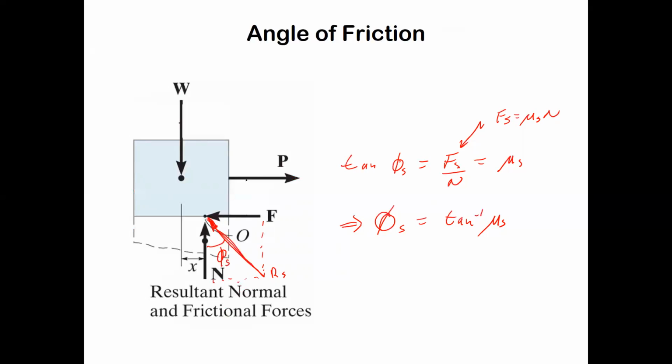Once you find the angle that it slides at, then mu S is the tangent of that angle. That's the friction coefficient. So that's pretty cool.